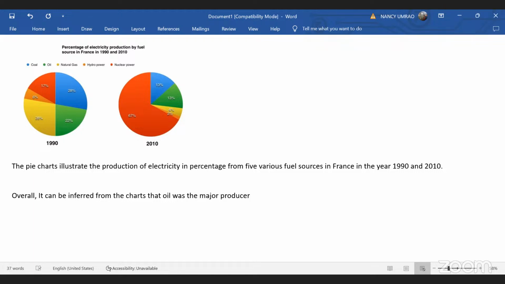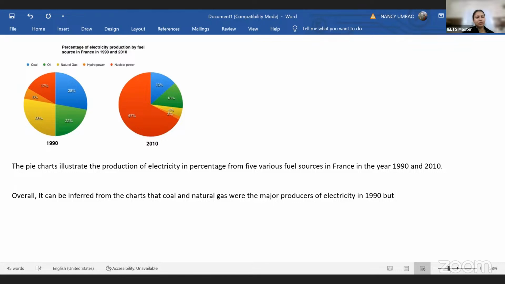Ma'am, producer. Yes, please. Isn't it coal? Because coal at 28% was majorly used. Yeah, it's coal, not oil. So I can say coal and natural gas were the major producers of electricity in 1990.